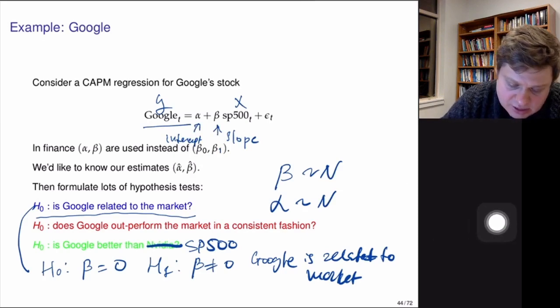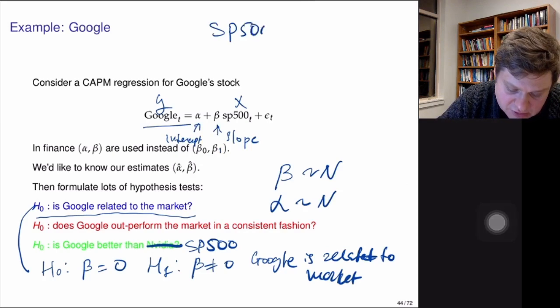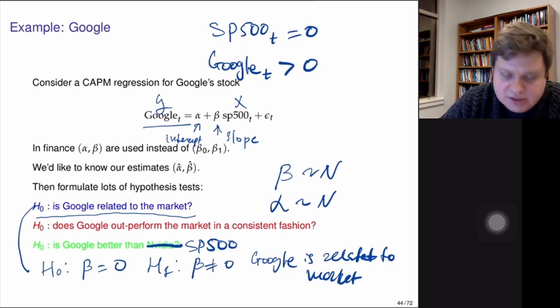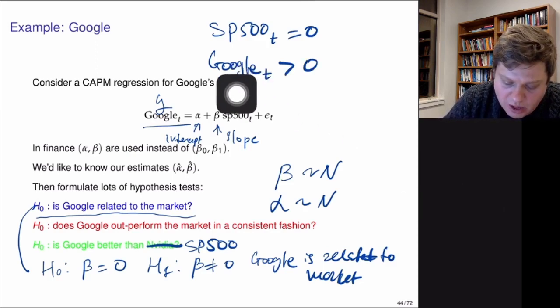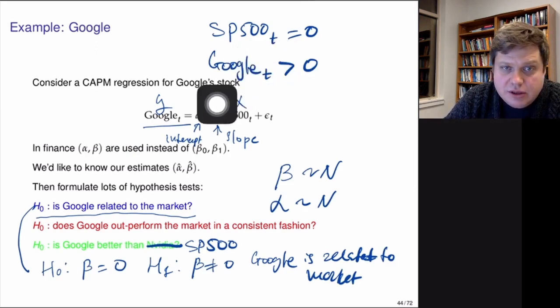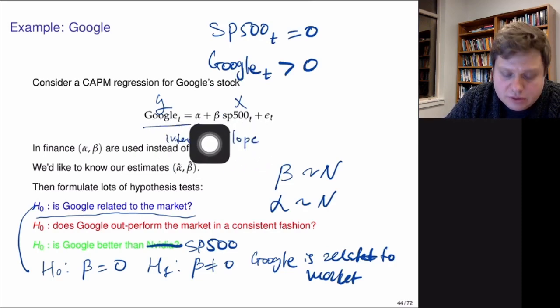Better means that when the S&P 500 in a specific year returns 0, so it gives you no return, we want the Google return to be positive. And you remember that the way we're going to measure the return of Google on the day when the S&P 500 doesn't return anything is just this value alpha, right? If the S&P returns 0, then the Google return is going to be alpha.